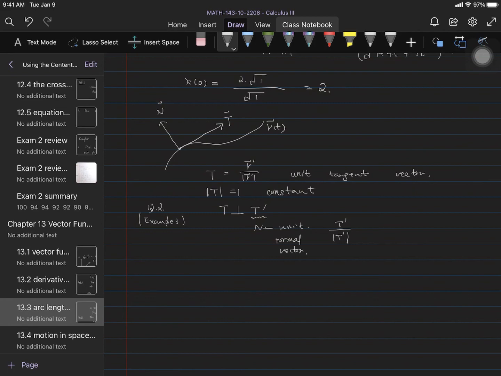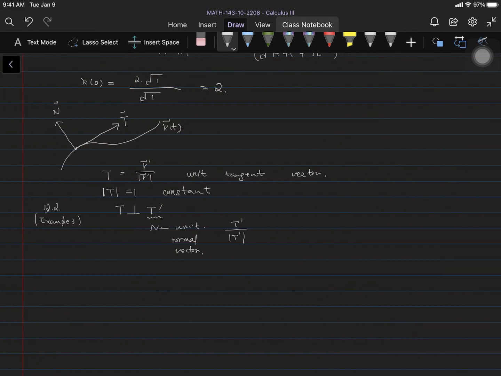Let me give you the definition. Definition 2: it's called the principal unit normal vector, or sometimes we just call it the unit normal vector, N of t.